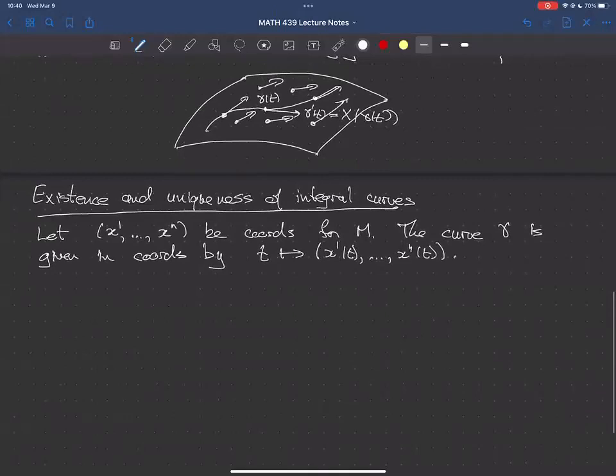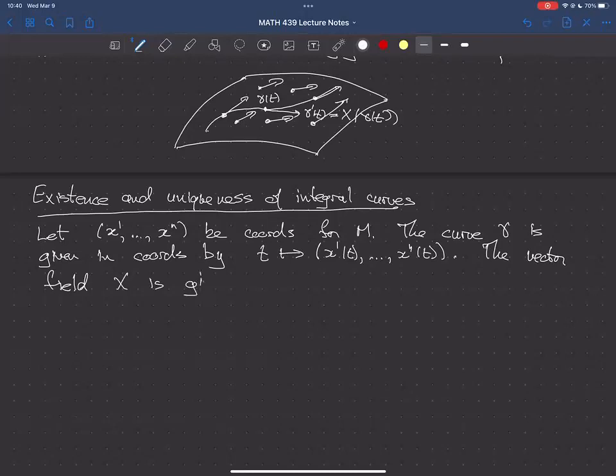The vector field X is given in coordinates by the usual way that you write a vector field in a coordinate chart. So X is X^j ∂/∂x^j.